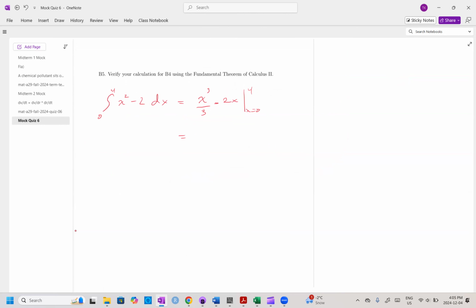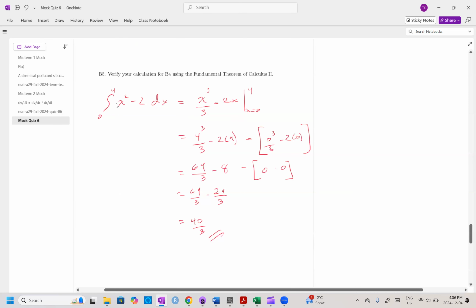So this equals 4 cubed over 3 minus 2 times 4, minus 0 cubed over 3 minus 2 times 0, which equals 64 over 3 minus 8 minus 0 minus 0, which equals 64 over 3 minus 24 over 3, which equals 40 over 3. And we have our solution.